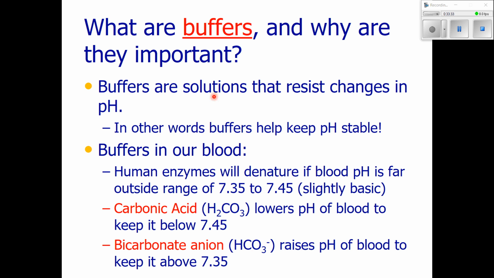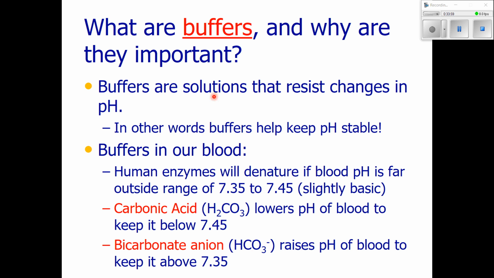And the only reason I mention this really in biology is because in a living organism, like let's take humans for example, you have many thousands of different enzymes. These are proteins in your blood, proteins in your cells that regulate the chemical reactions in your body.